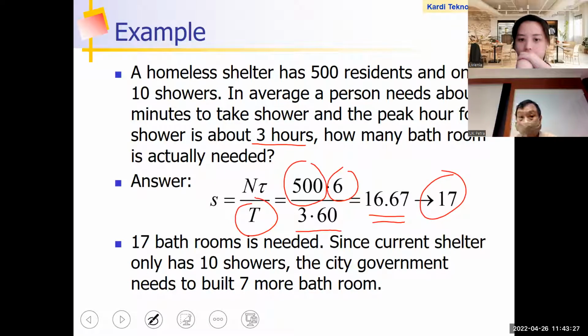Because in this situation they need to finish within 3 hours. For example, they start at 5 o'clock, and until 8 o'clock they need to finish the bathing. Otherwise they will be late to go to work.